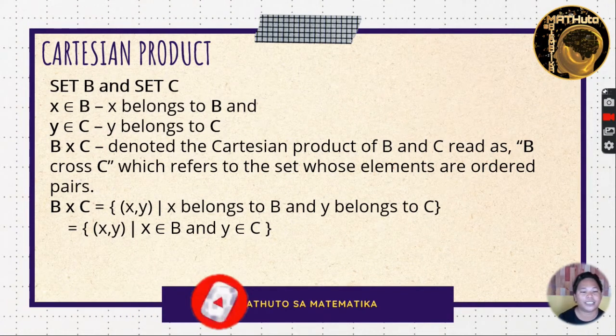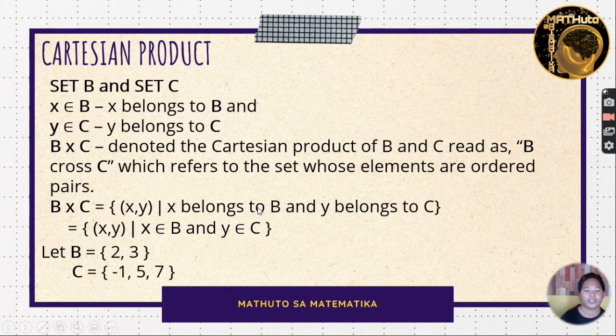So we have XY, or set of ordered pairs XY, where X belongs to B and Y belongs to C. So yan po yung ating definition ng Cartesian product po.